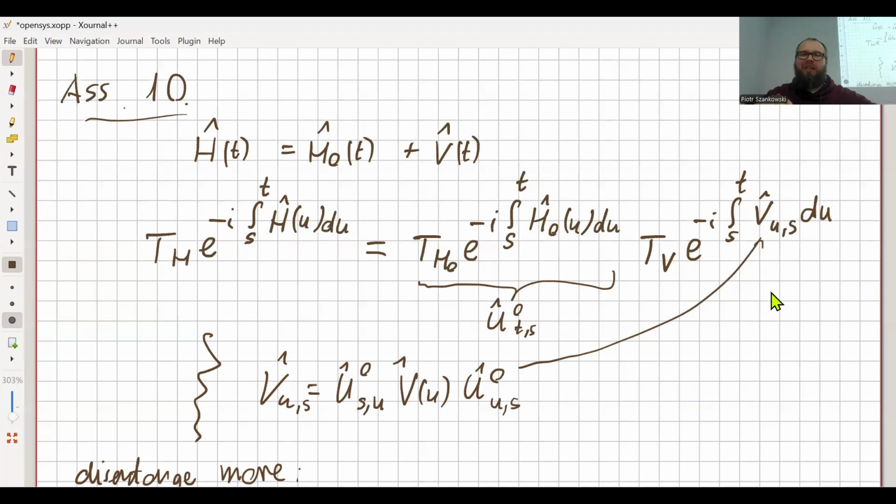But if your actual full evolution operator starts from some other nonzero time, then your disentanglement will involve information about that initial time. Nevertheless, you can still pull everything to your reference time, the one that we prefer, which is 0.